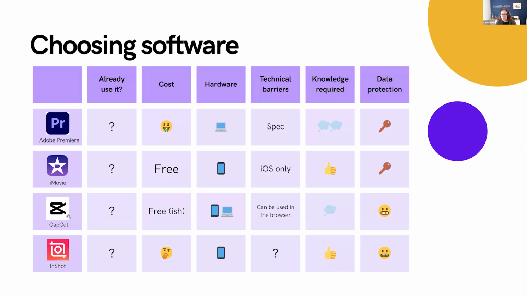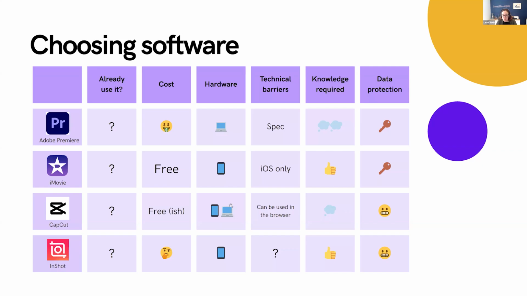But there are starting to be these other pieces of software that students are going to be using. On their own devices, they're going to be making their TikToks, they're going to be making Instagram reels and that kind of thing, using software such as CapCut and InShot. Both of those are available on tablets.